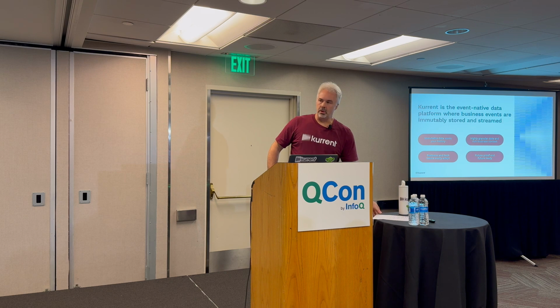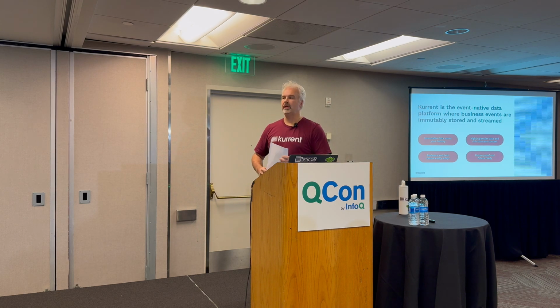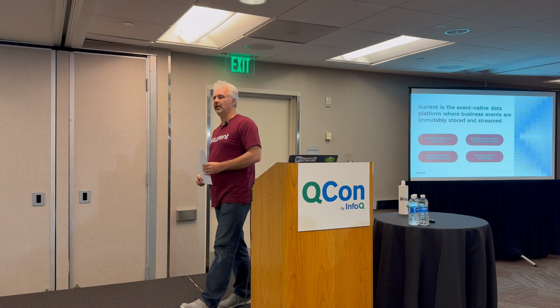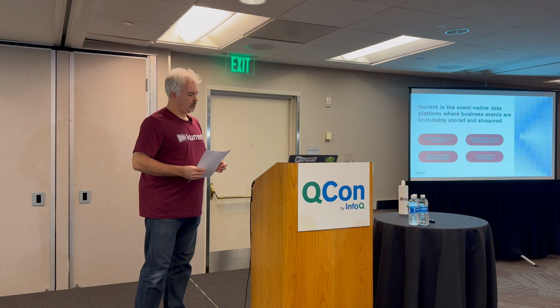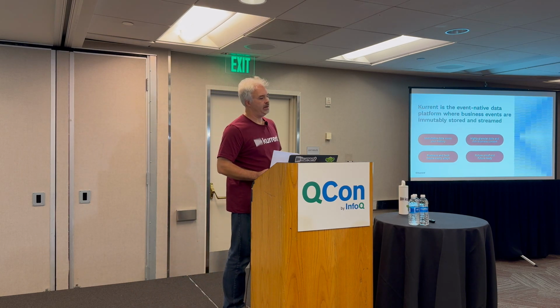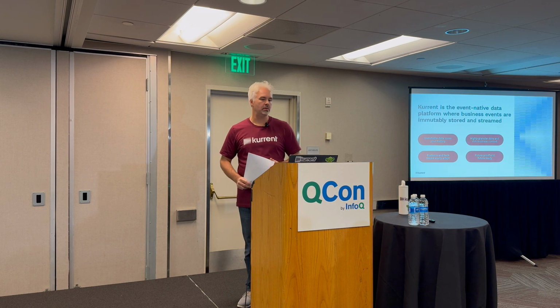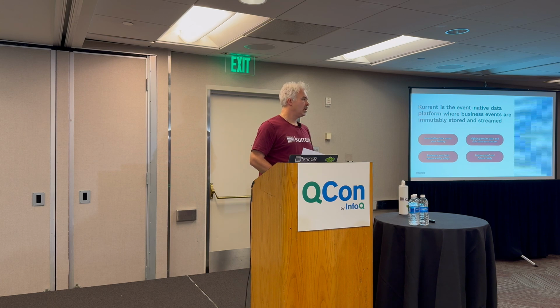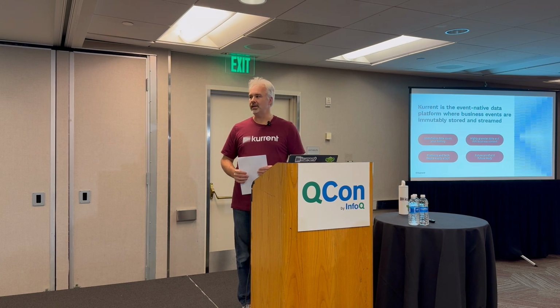Now, as I mentioned before, lots of databases will tell you that they can do eventing, that they can handle events, work in an event-native way. Well, we here at Kurrent build a purpose-built event-native data platform where business events are immutably stored and streamed. We're concerned with data from origination through to destination.